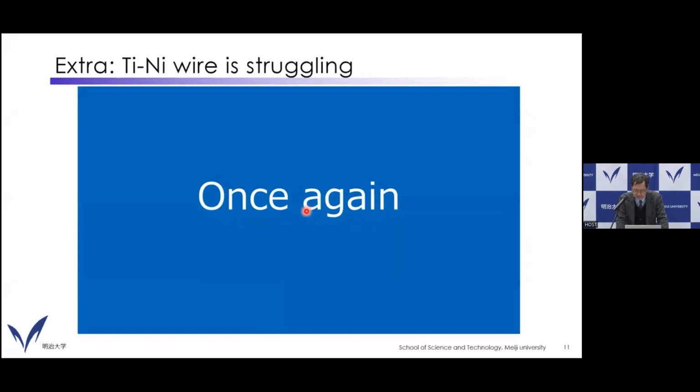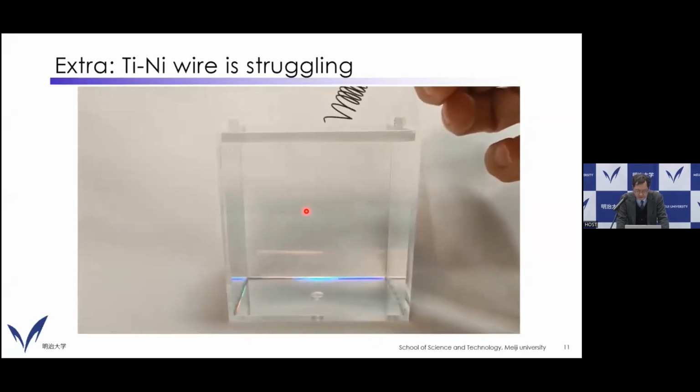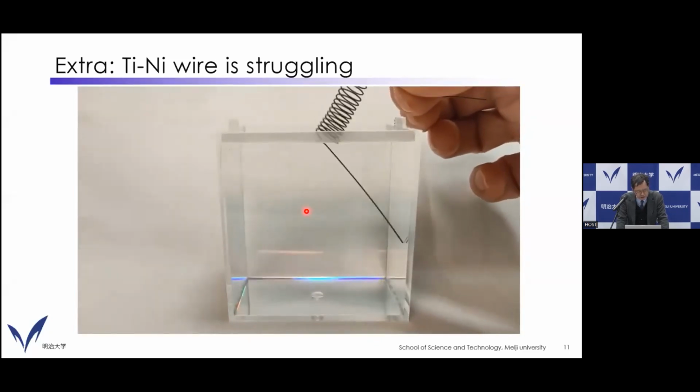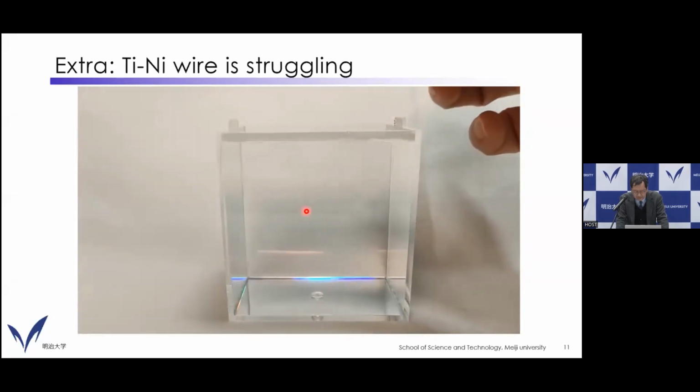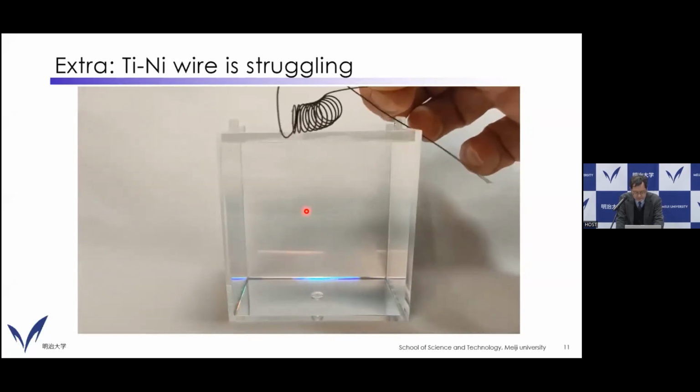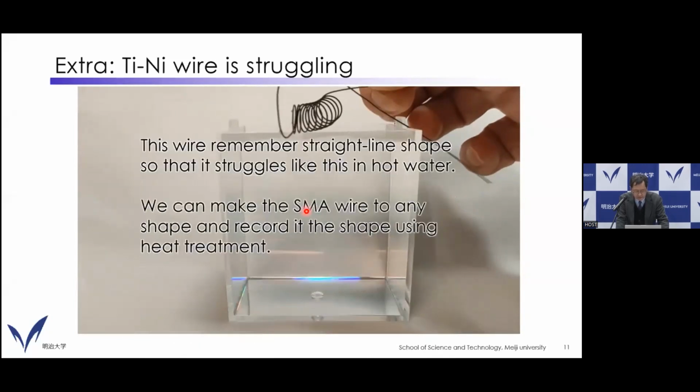Once again, this spring is struggling. Because this wire remembers a straight line shape, it struggles like this in hot water.